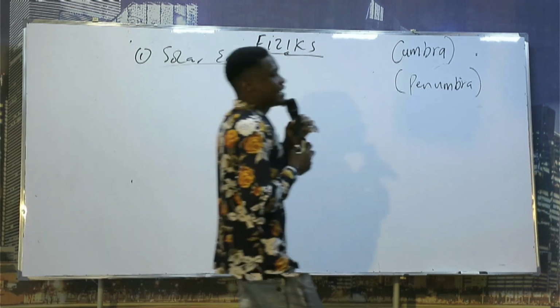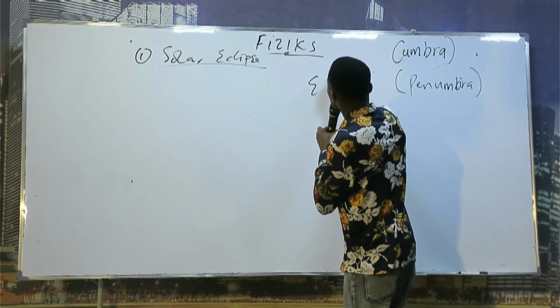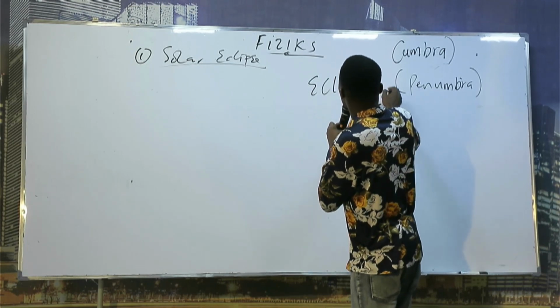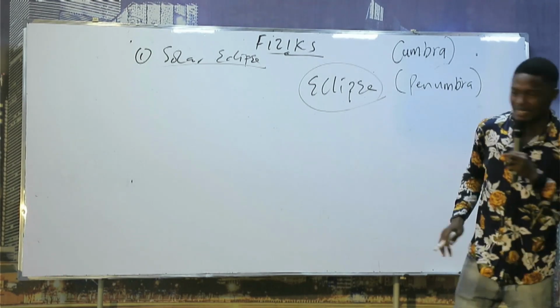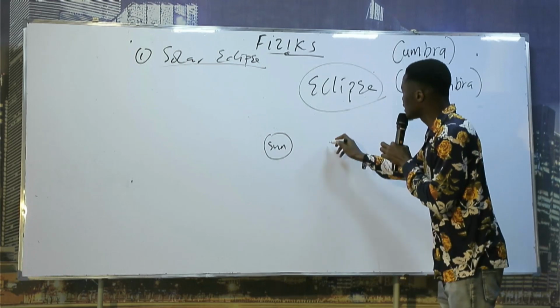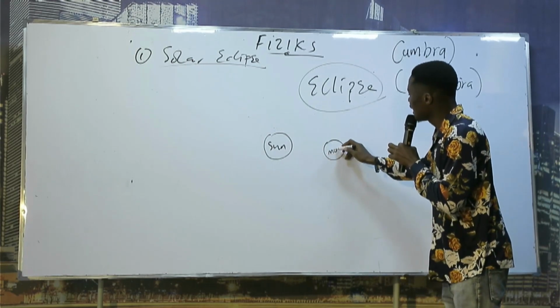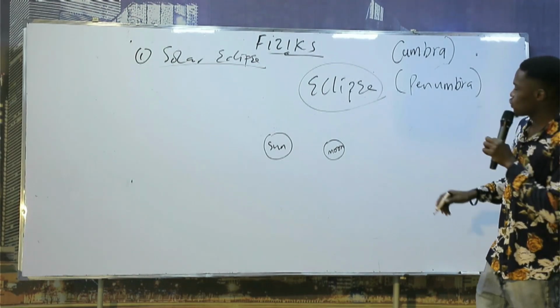Now, let's explain this. So we are talking about eclipse. So class, we said that eclipse occurs when the planetary bodies are perfectly aligned. What does that mean? This is the sun. This is the moon. Class, the sun and the earth, which one is bigger?